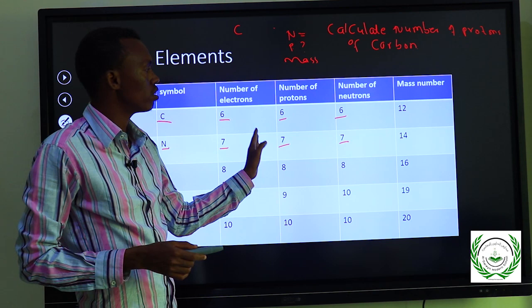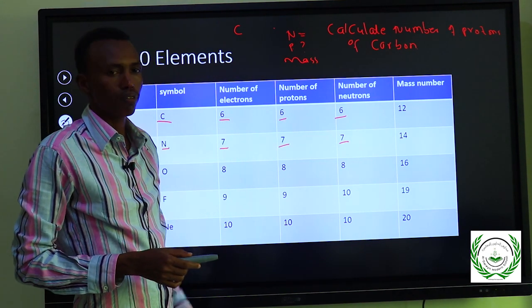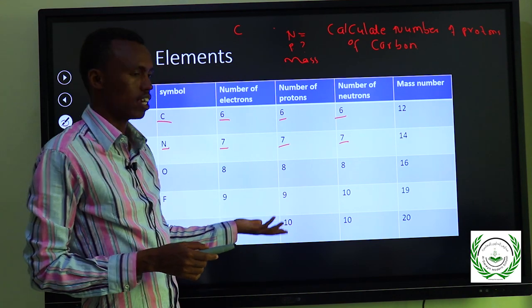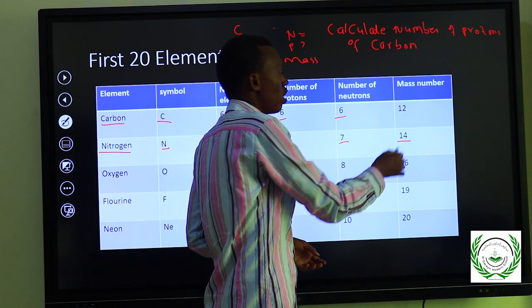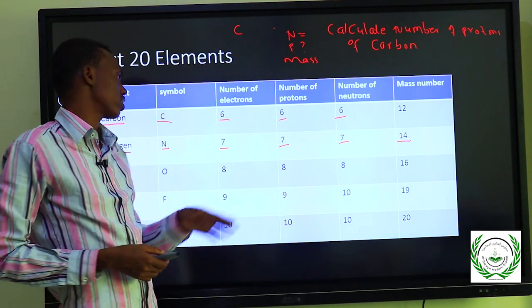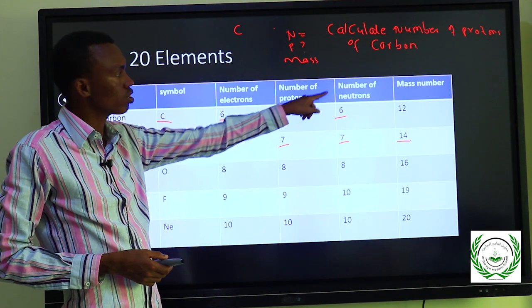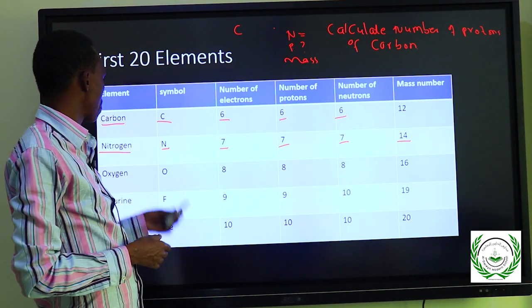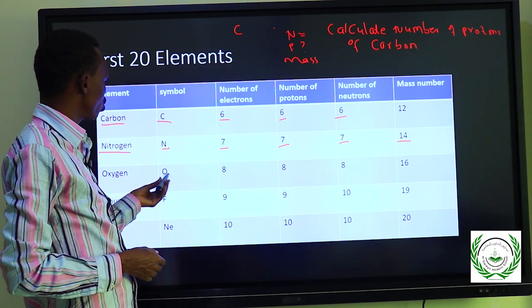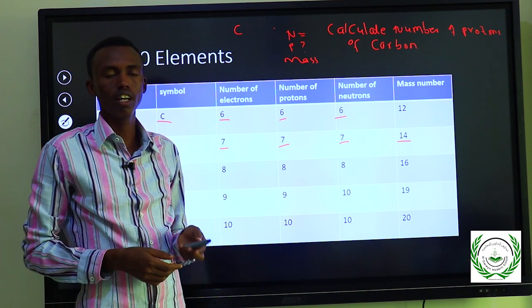So we add up 7 plus 7, I mean the number of protons plus the number of neutrons, then it gives us 14. So how do we get 14? You should understand the formula of adding the number of protons and the number of neutrons.